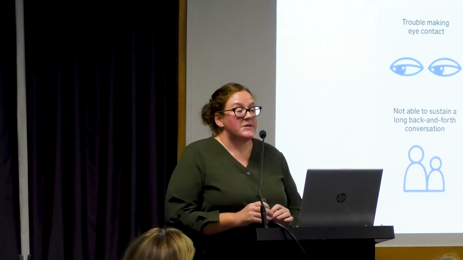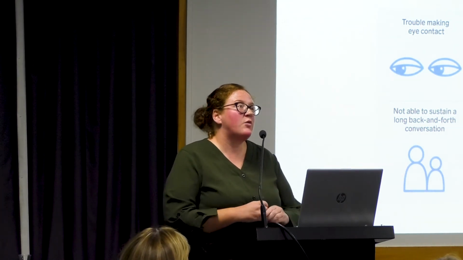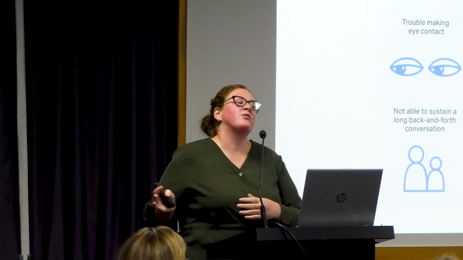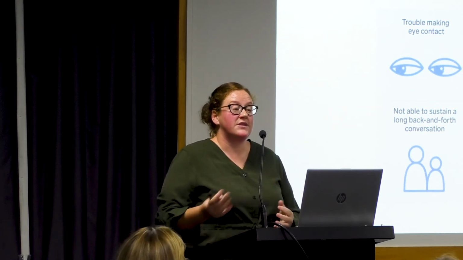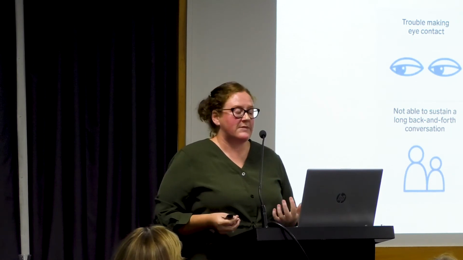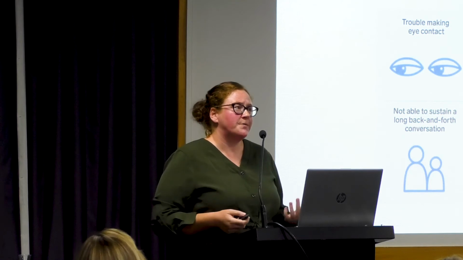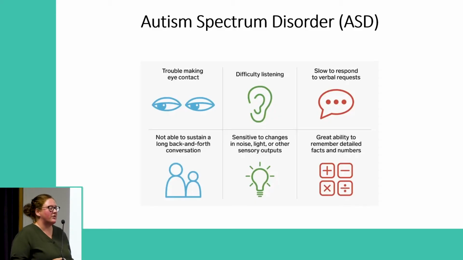So for autism spectrum disorder, it's quite a complex disorder, and it is a spectrum. So there's a range of severity of the different symptoms or phenotypes that people display. Some of the common things that you will hear about autism spectrum disorder are that people have trouble making eye contact, are not able to sustain a long conversation.